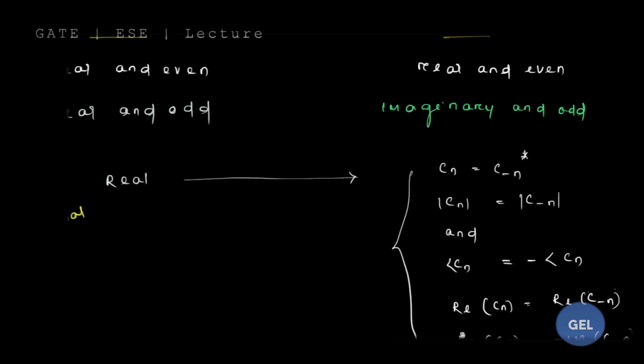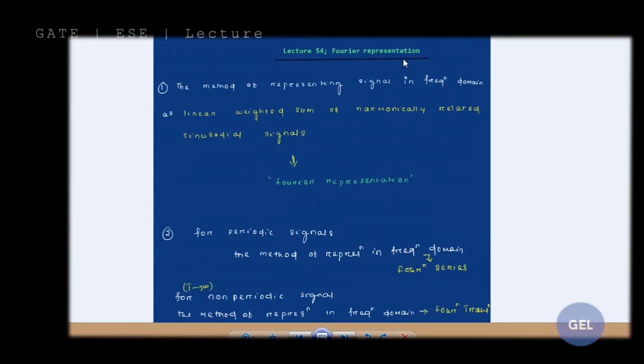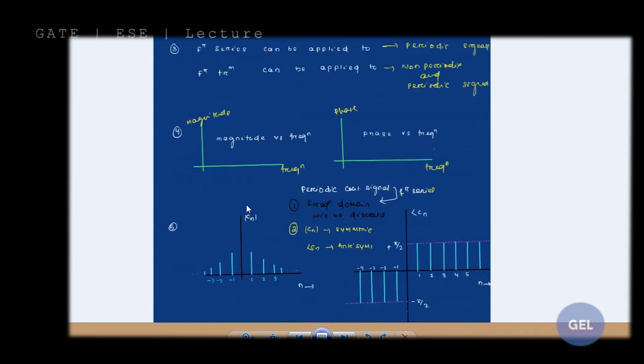Yes, in lecture number 51, in Fourier representation, I told you about the property of Fourier series coefficients that they follow symmetricity in the magnitude spectrum and antisymmetricity in the phase spectrum.